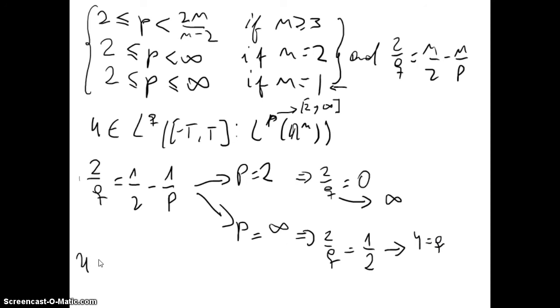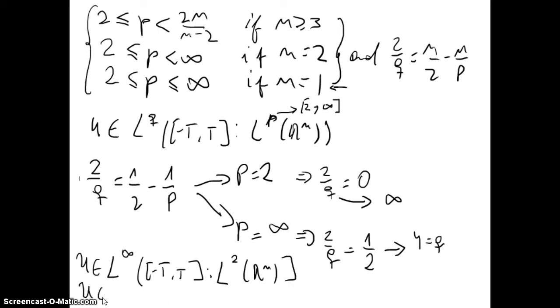So u can be in L infinity of minus T, T; L2 of Rn, and u can also always in one dimension be in L^4 of minus T, T; L infinity Rn.